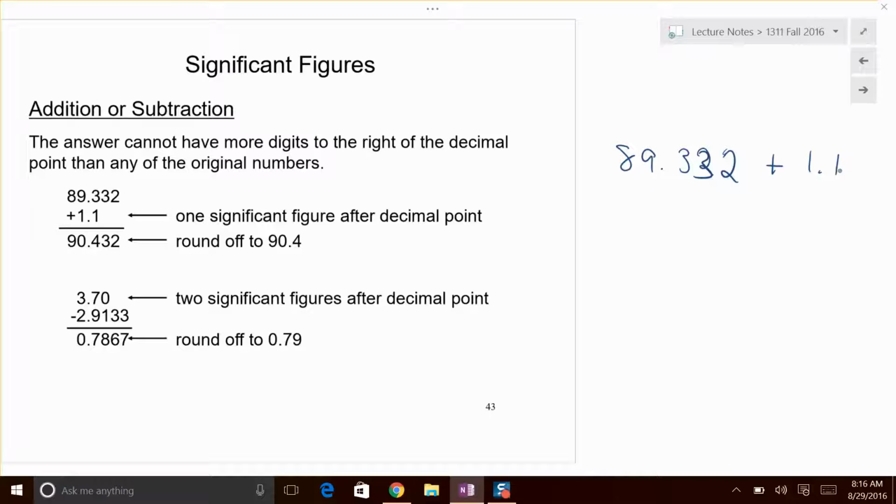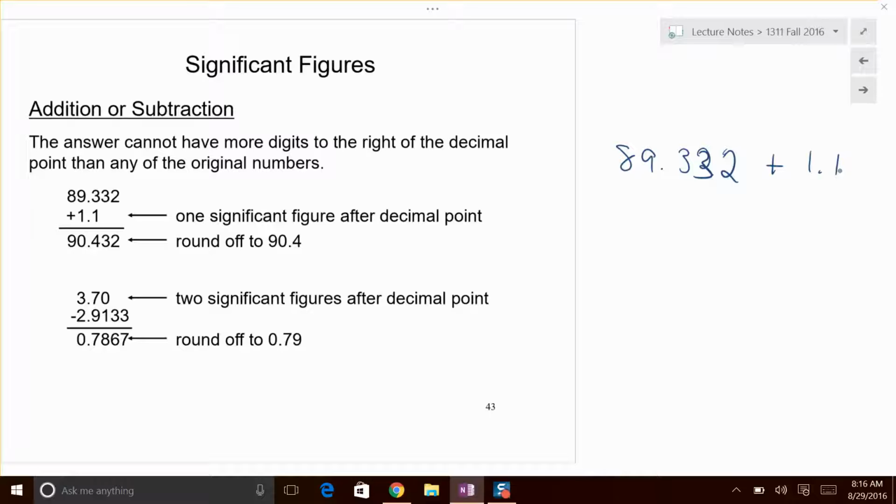I don't have to line it up. I can look right there, and I can see this has 3, this has 1. So my answer needs to be to how many decimal places? 1. So I don't have to line it up, because I can see here where the answer is going to go to.